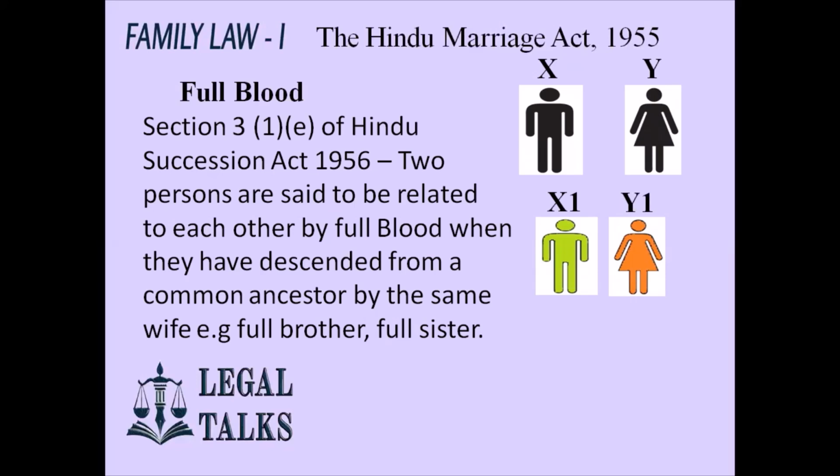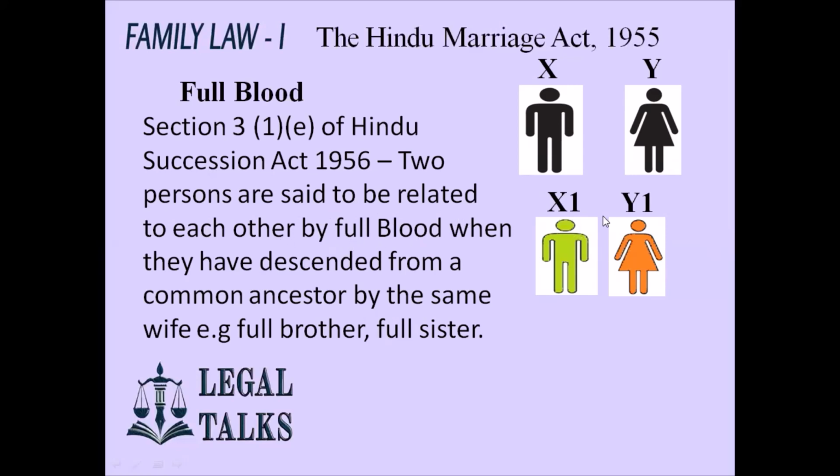Now, in this case, for both X1 and Y1, the parents are the same, the ancestors are the same. X1's father is X and mother is Y. Y1's father is X and mother is Y. So the two persons are related to each other by blood.